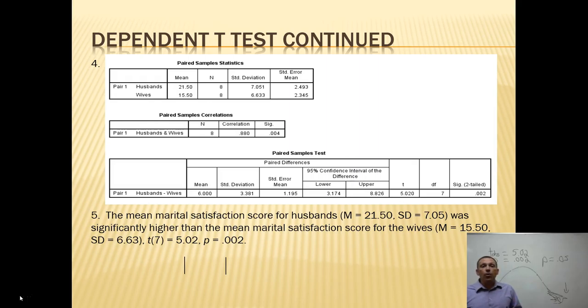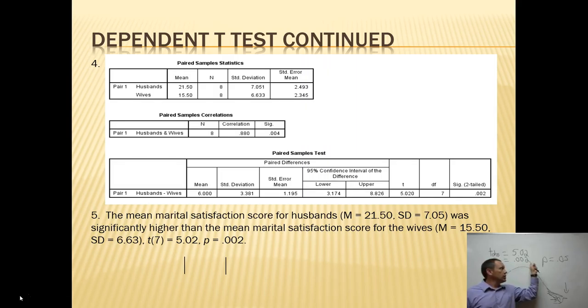How do I know that the score for husbands was significantly higher? Well, one, I know it's statistically significant, and in which direction? Now I have to look at the mean scores. My husband mean is 21.5. My wife mean was 15.5.